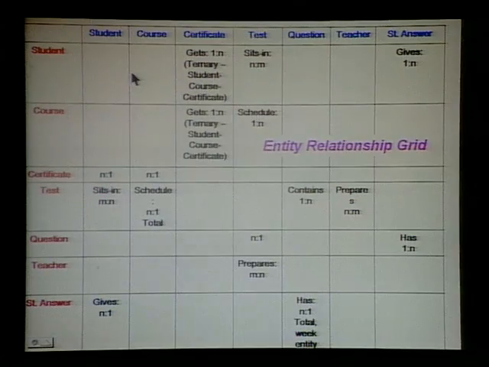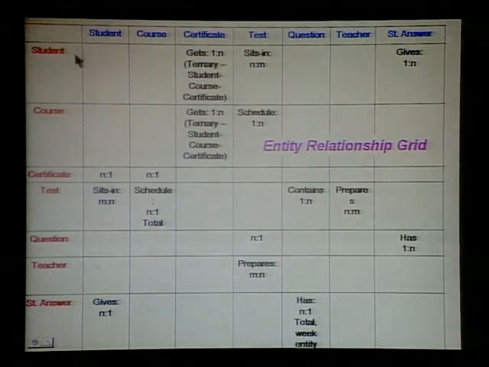This table shows the outcome of our exercise. The entities are listed in the first row and in the first column. Their relationships are mentioned in the table.